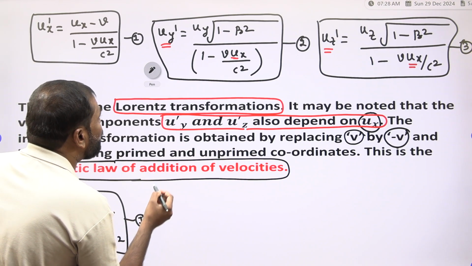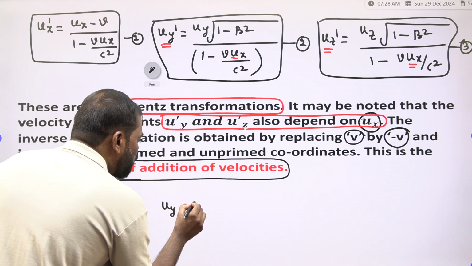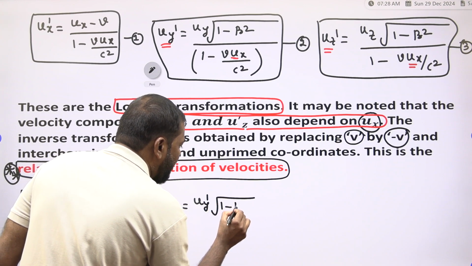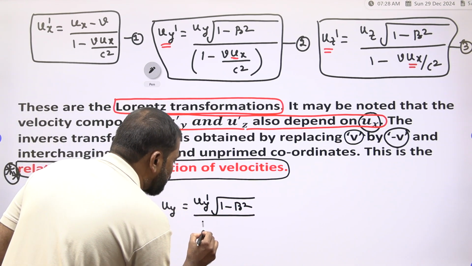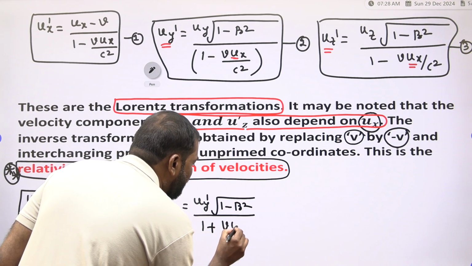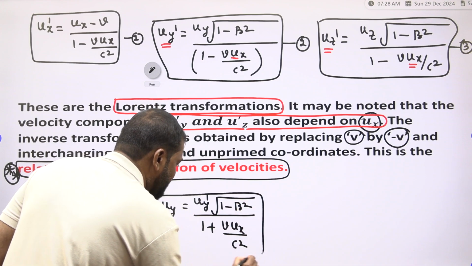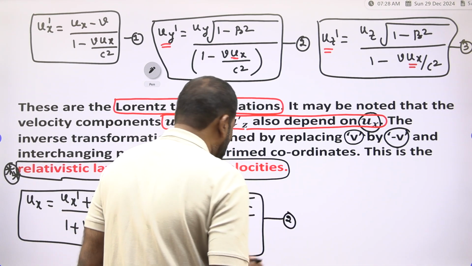One more equation: uy is equal to uy dash into square root of 1 minus beta square, divided by 1 plus v ux dash by c square. It won't change; it will be like that only. This is equation number 2.